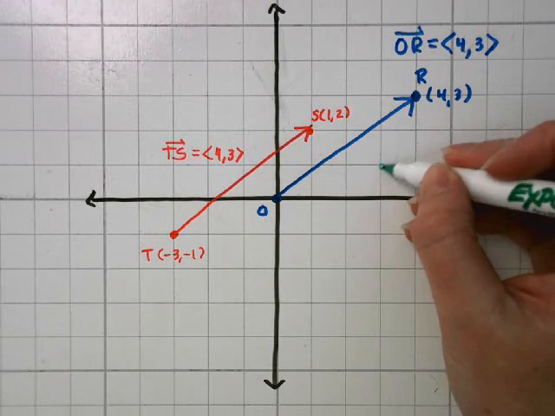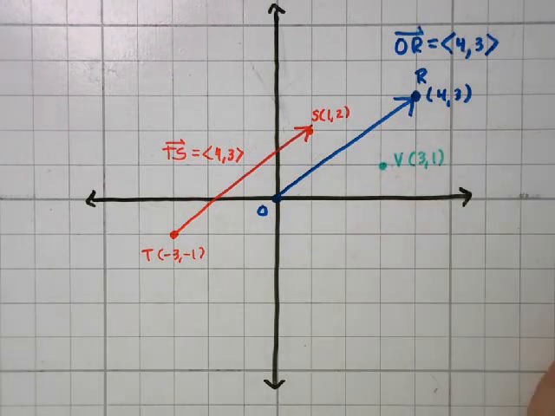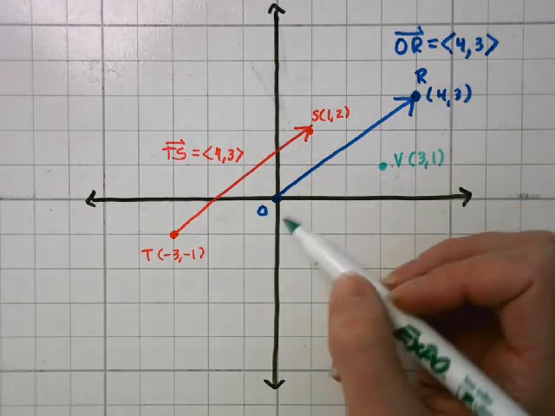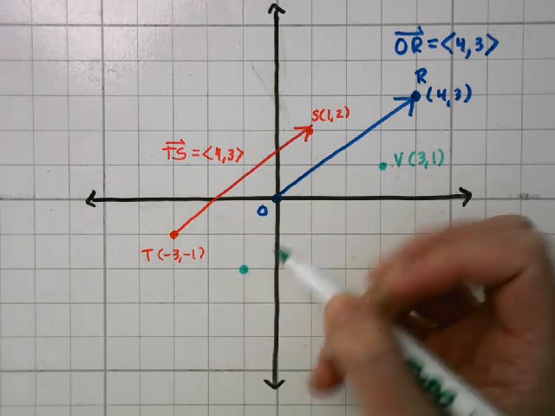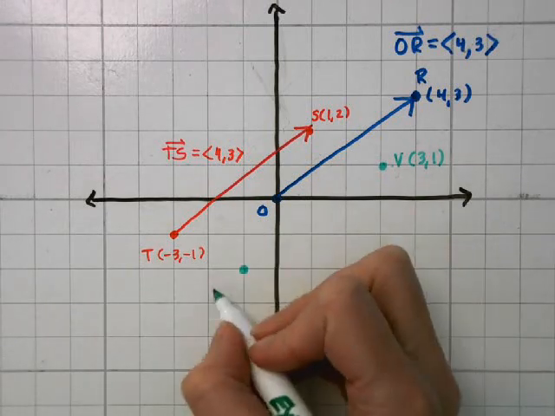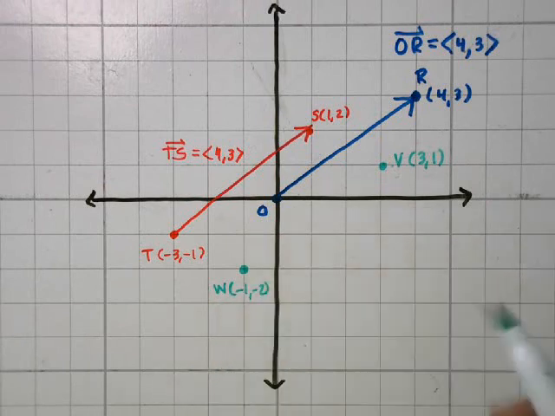Okay, so I'm going to put a point here, call this V at 3, 1. And then a point here I'll call W is at -1, -2.